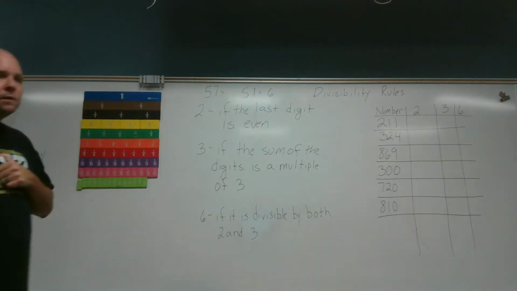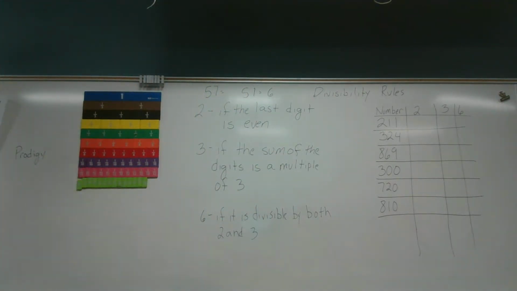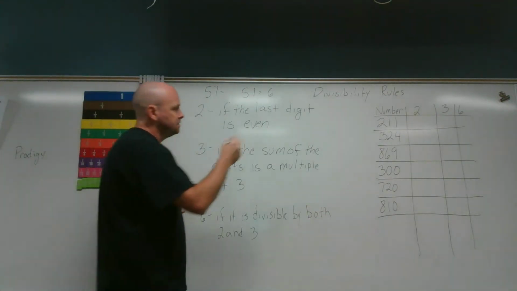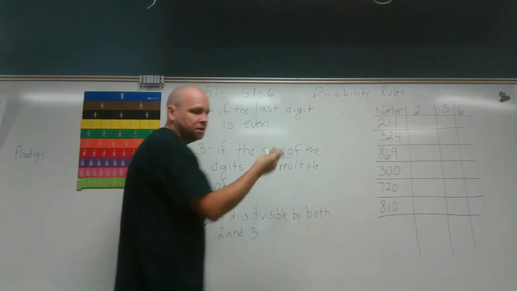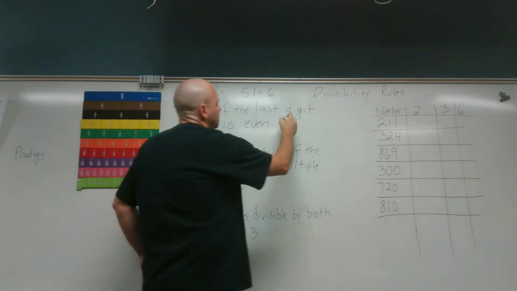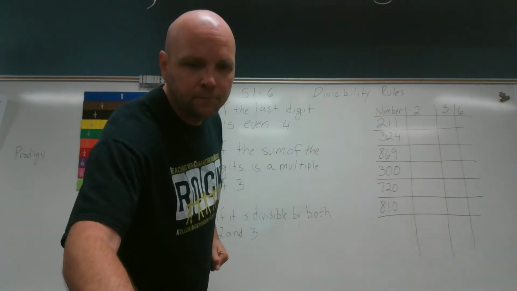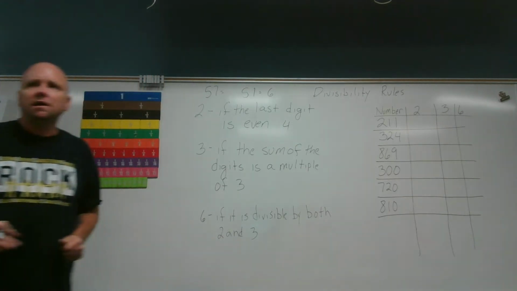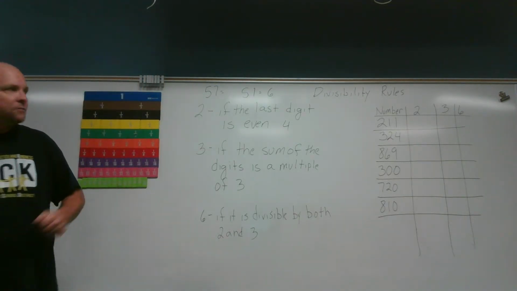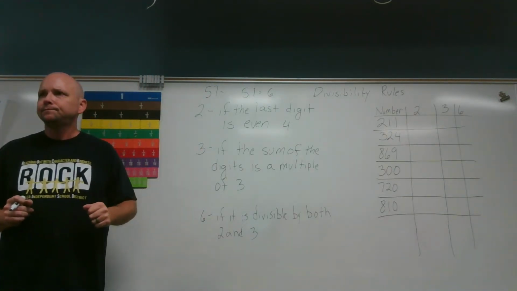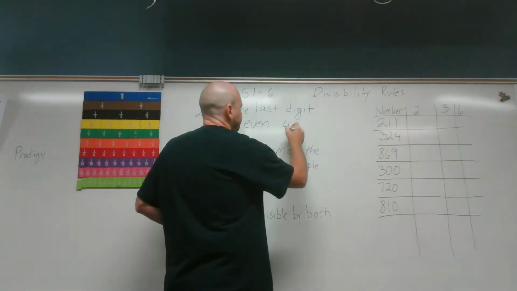Maribel, give me one even number. That's just one even digit. 4. So if it ends in a 4, it's even. You'll give yourself a camp point when we're done. JJ, give me another even number. Good, 6.